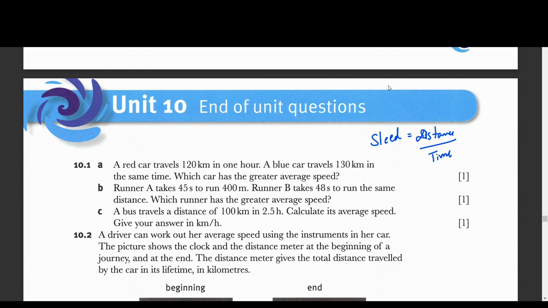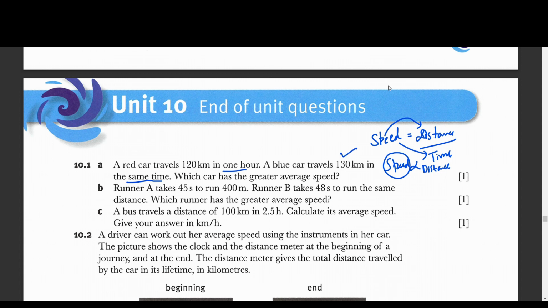Since there's a constraint on time, the red car travels in 1 hour, the blue car travels in the same time, 1 hour. So this time speed will only depend on distance, because in both the cases time is the same. So more the distance, more is the speed, because speed directly depends on distance.